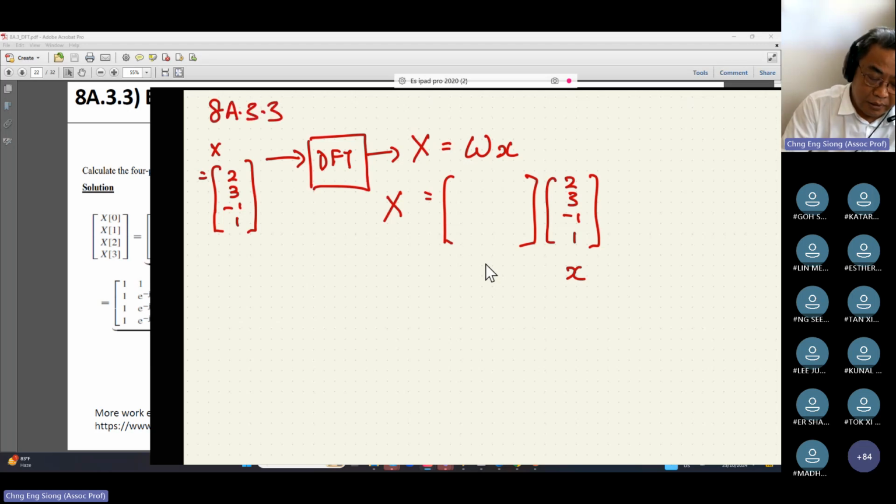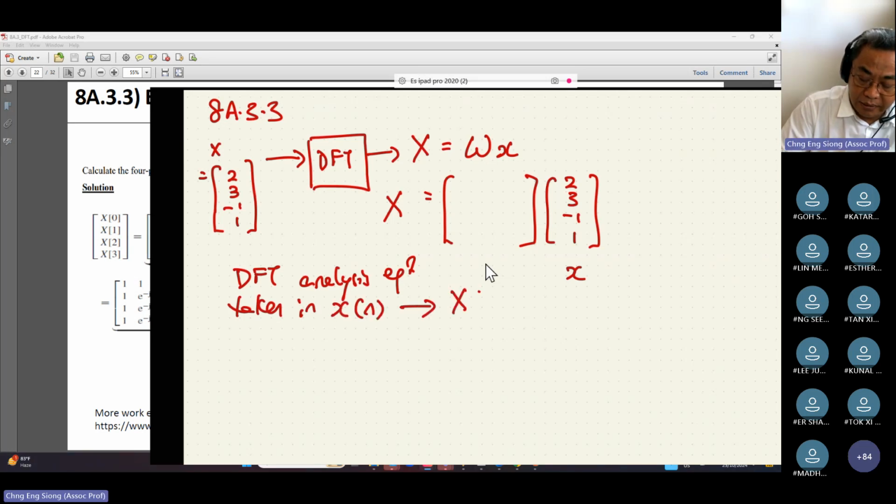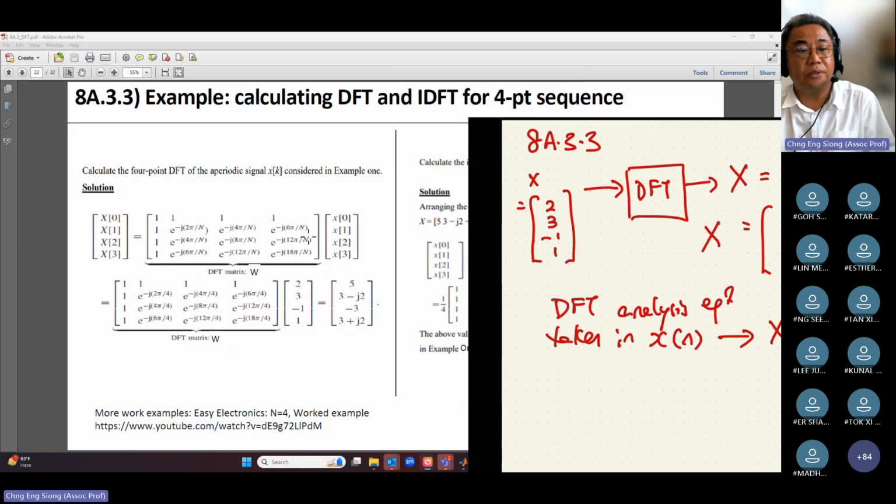So this is question 8A.3.3. It is called the DFT analysis equation because it takes in small x in time and spits out big X in frequency. Then you fill up this matrix over here. That's the question, right?